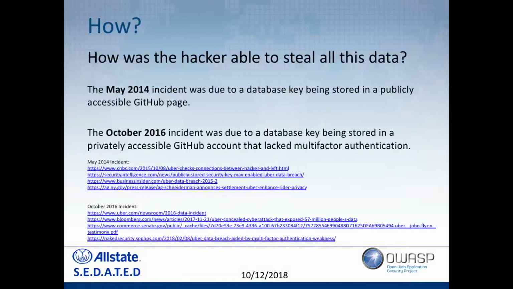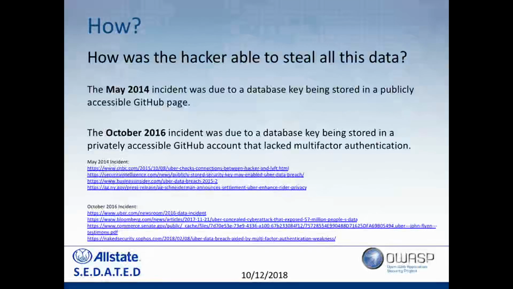So we're not here to pick on Uber. We're trying to secure our data, right? But we wanted to talk about the particulars of what actually happened in both of these exploits. And this leads right into the problem statement that we wanted to talk about today. So how exactly did this happen? In May 2014, their database key, unfortunately, was on a publicly accessible GitHub page.